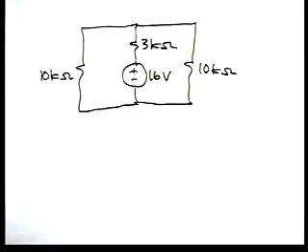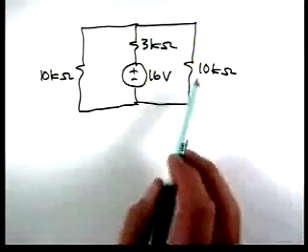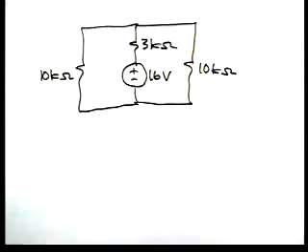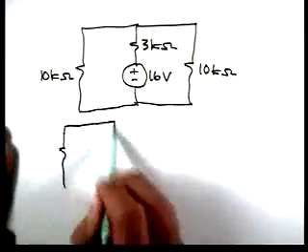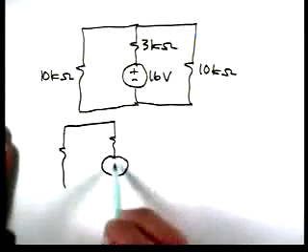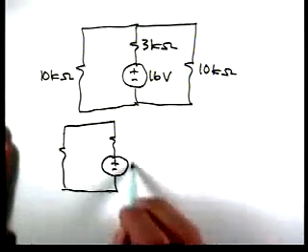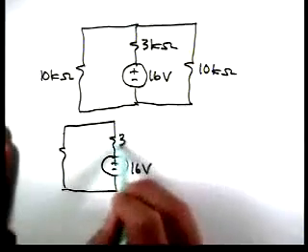Now the voltage V1 has been eliminated from the circuit because we've combined that 4 kiloohm in series with that 6 to give a 10. And now we take the two 10Ks, they're in parallel, so our circuit further reduces to the following.